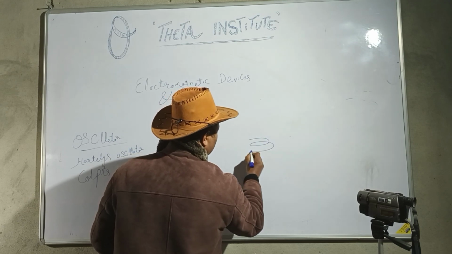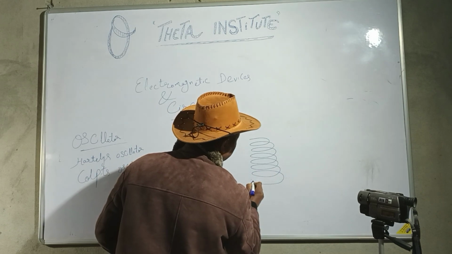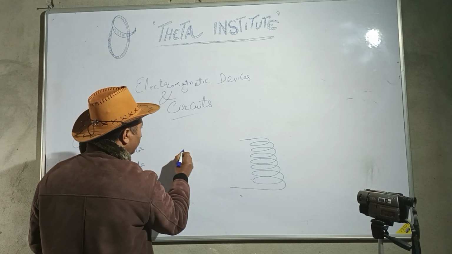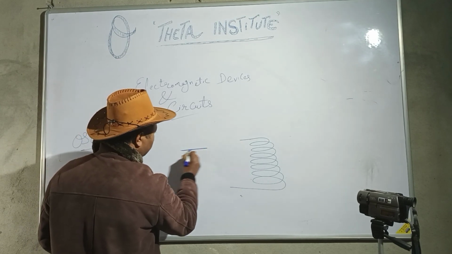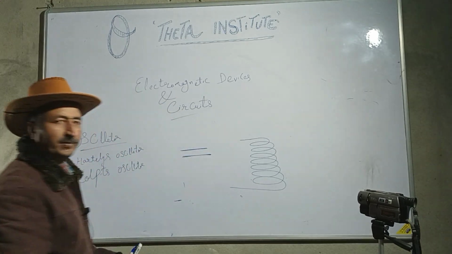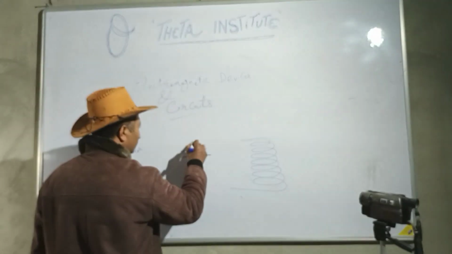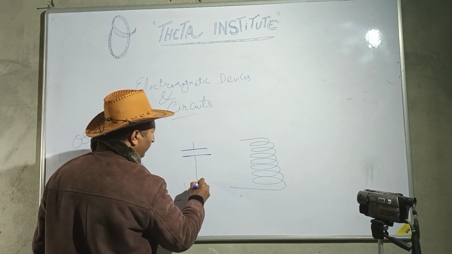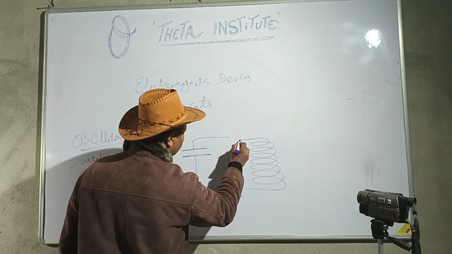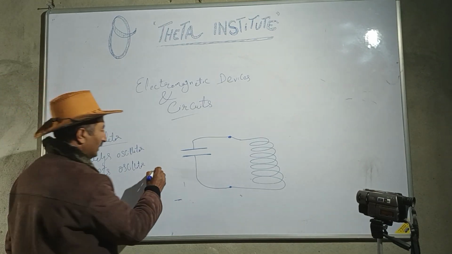This is a coil, a conducting coil, and here it is a condenser, capacitor. Capacitor is shown by two parallel lines in a circuit.